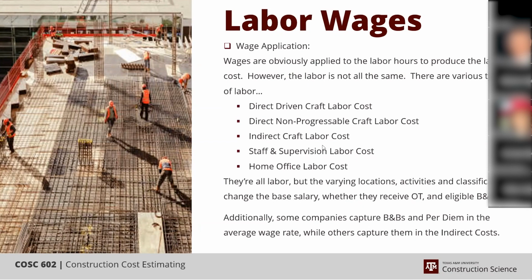They're level of effort hours. They're schedule driven hours. So while the direct craft are purely quantity driven, and the non-progressible direct craft are driven by the quantities in an indirect manner, indirect craft, on the other hand, are schedule driven, just like the staff and supervision, but they're craft, they're hourly, and they have hourly craft benefits instead.